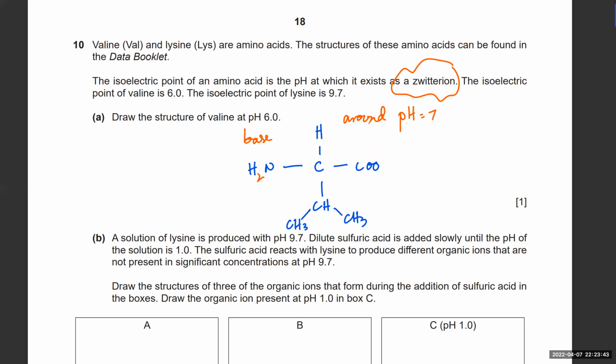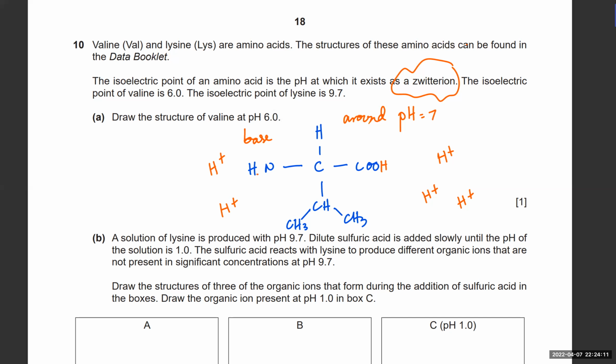If the solution is very, very acidic, that means there's a lot of H plus ions. So what will the amino acid look like? Will this be able to lose H plus in an acidic environment? It would probably not be able to do that, right? But the base would still be able to accept H plus ions.